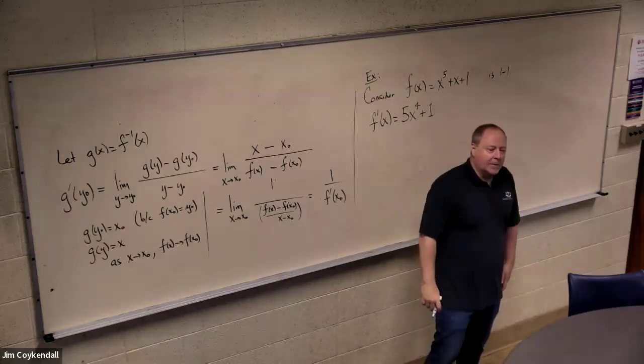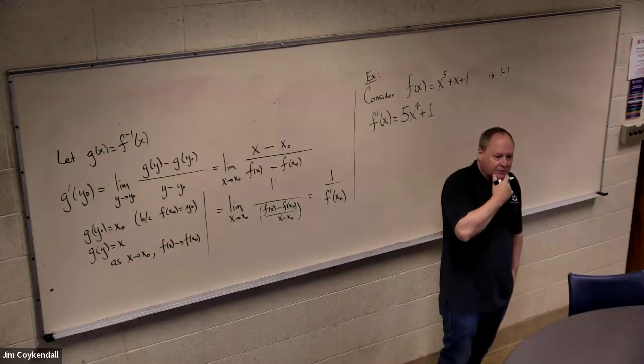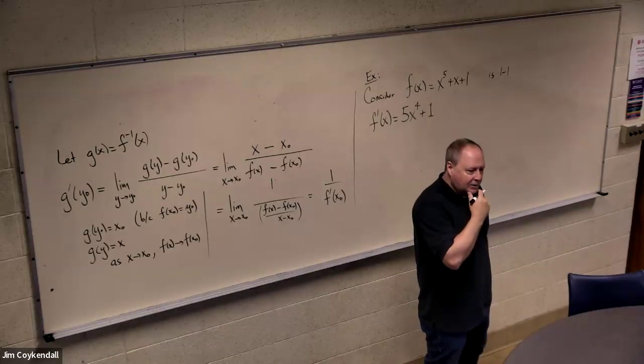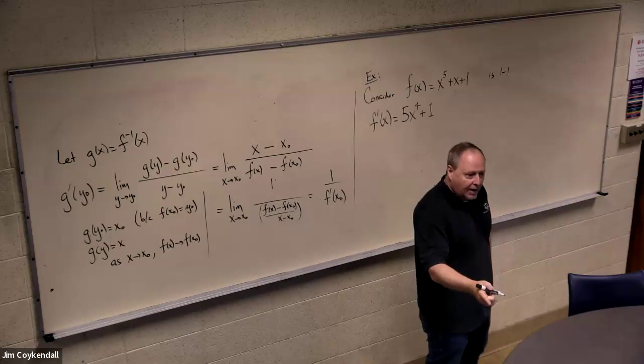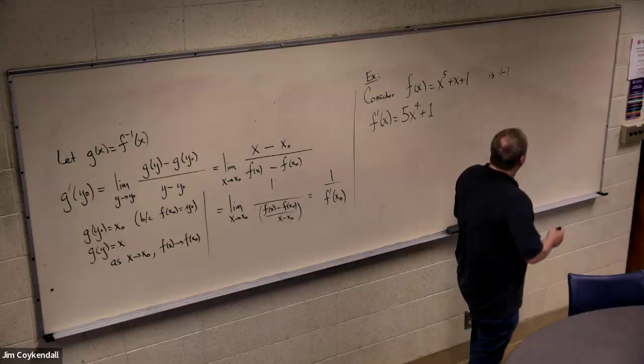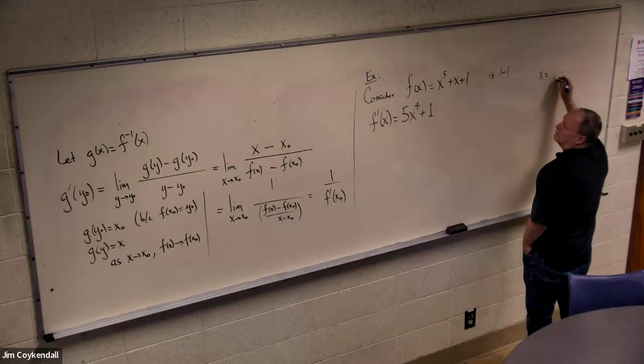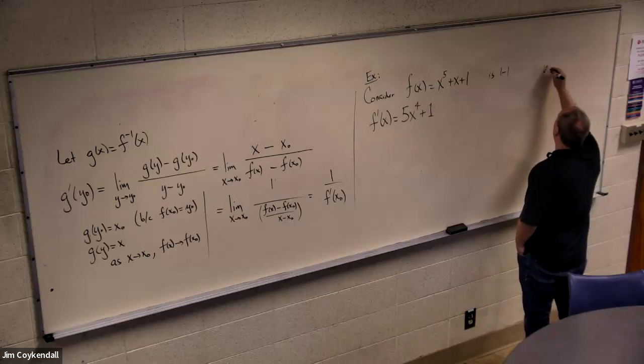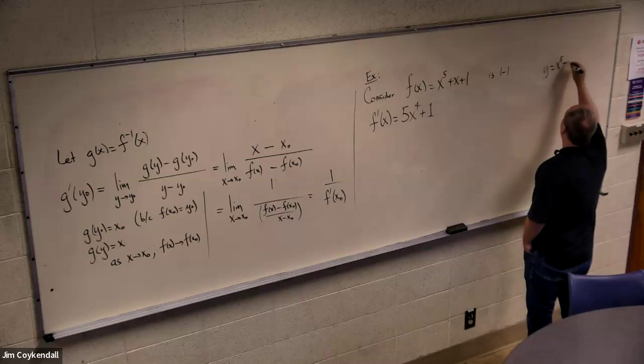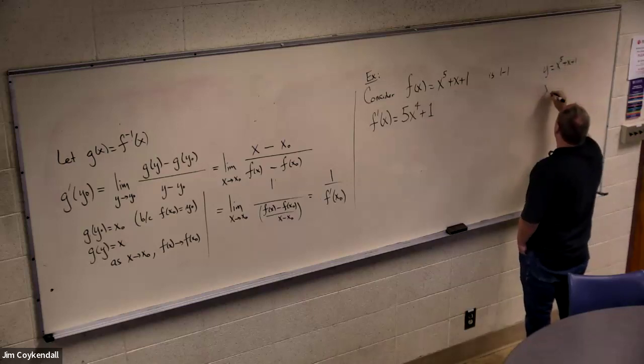Everybody remember, when you first saw inverse functions in pre-calculus, how did they tell you to figure out what the inverse function is? Swap y for x and solve for y, right? Can we do that? See, what we have is y equals x^5 plus x plus 1.